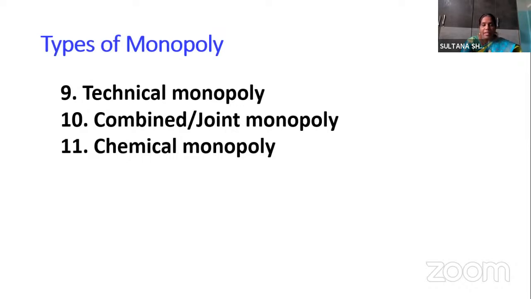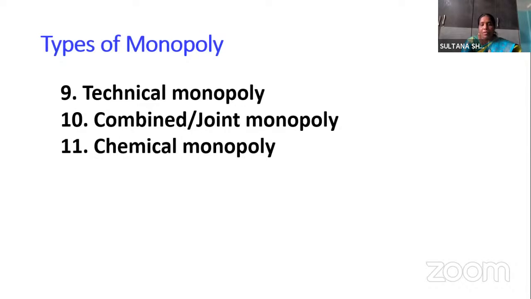For example, natural monopoly. Natural monopoly means, if we observe the Gulf countries, they have the petroleum wells. Naturally they have those natural resources, so they have power over that product.